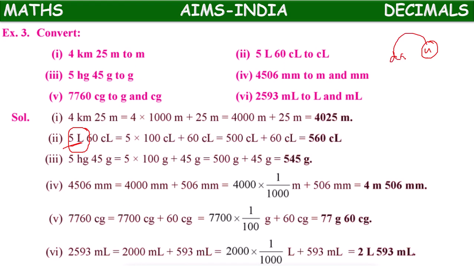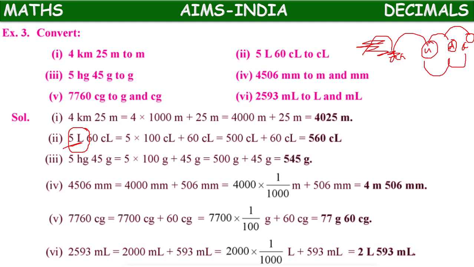Before that, deciliter, then centi. They are asking for centi here. Unit to deci, one step. Deci to centi, two steps.